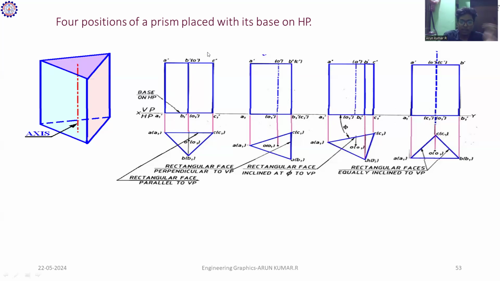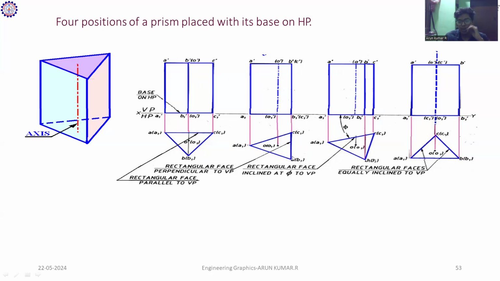Let's move on to the same data, but the condition for the top view is changing. In the first case the rectangular face was parallel to VP. In the second case we discuss the rectangular face perpendicular to VP. Similarly, the triangle has three sides, and you take any one side perpendicular to HP.